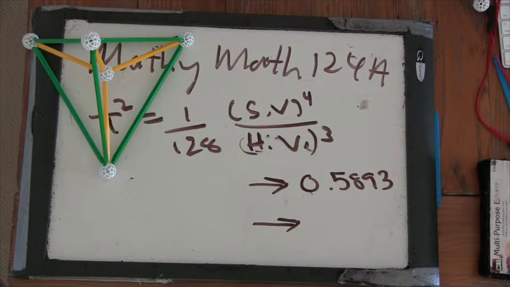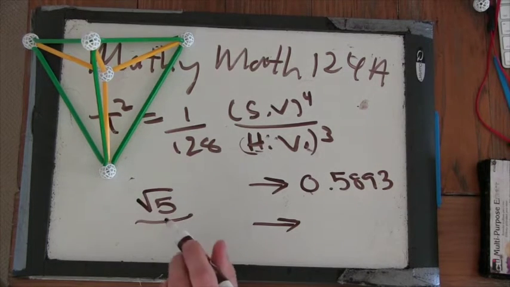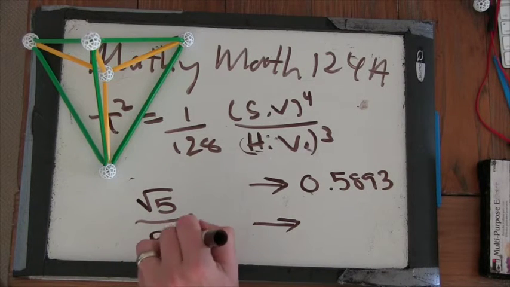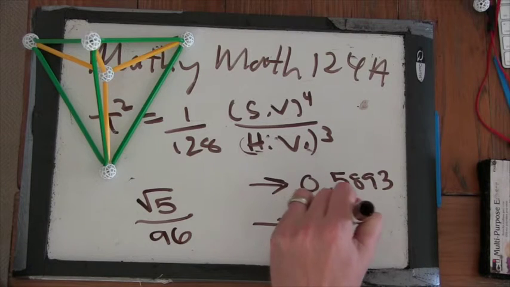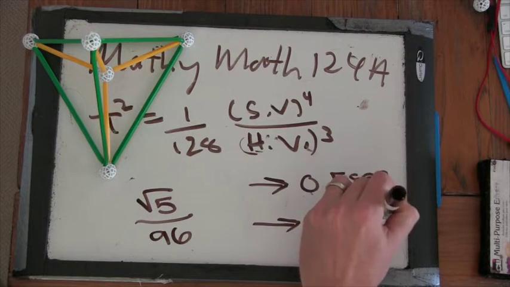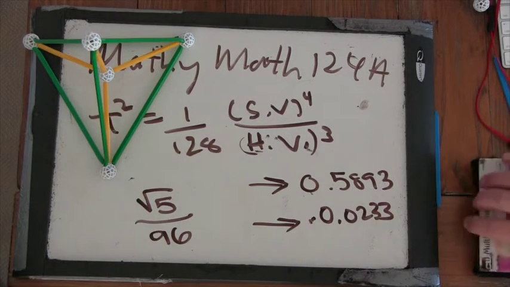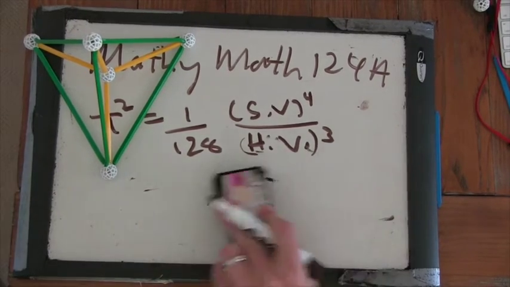Well, it turns out that the volume of a 4-dimensional tetrahedron is the square root of 5 over 96, and that's about 0.0233.